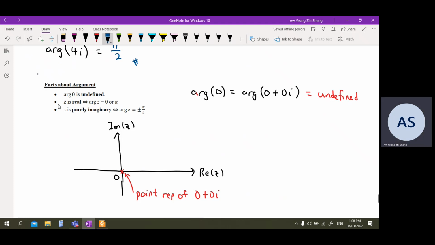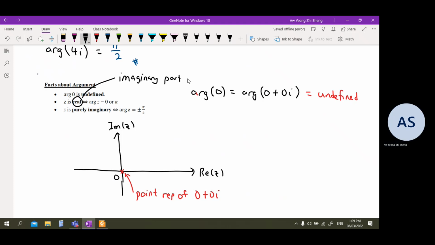Now, okay. The second bullet point here says, if the complex number is real, if z is real, that means the imaginary part is 0. Or in other words, on the Argand diagram, the y coordinate is 0.